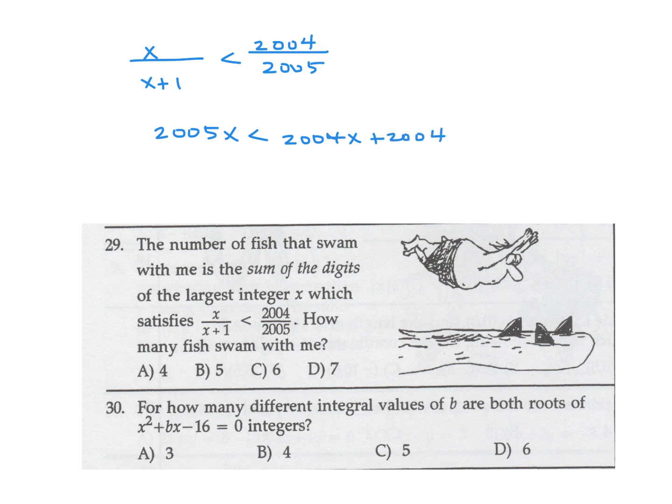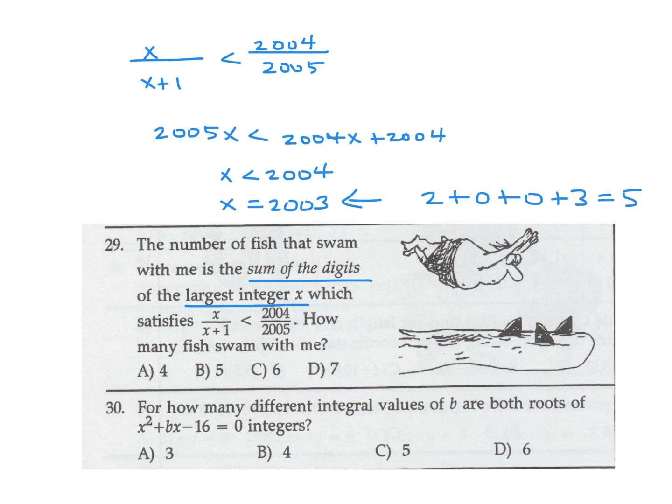So x is less than 2004. They want the largest integer that satisfies that, which is 2003. And then they want the sum of the digits of that: 2 plus 0 plus 0 plus 3, which is 5. And therefore, number 29 is B.